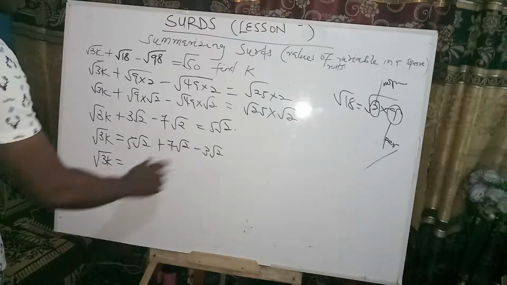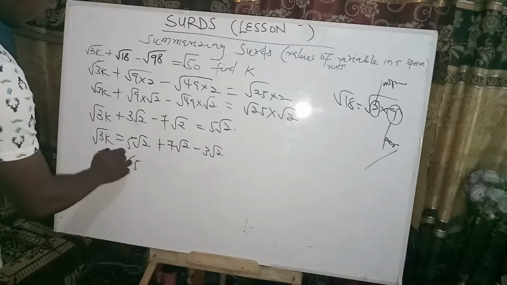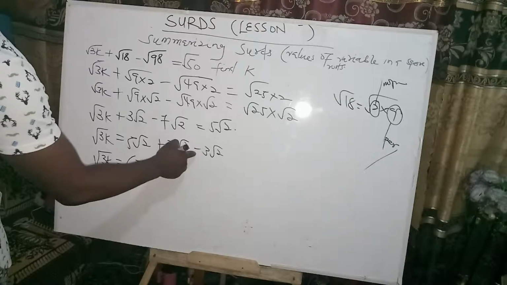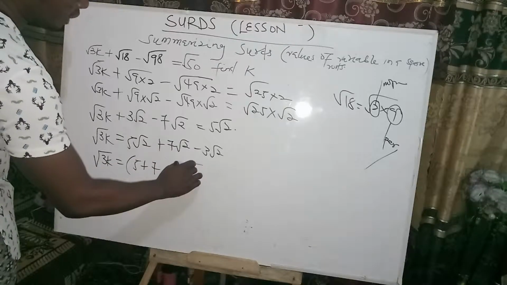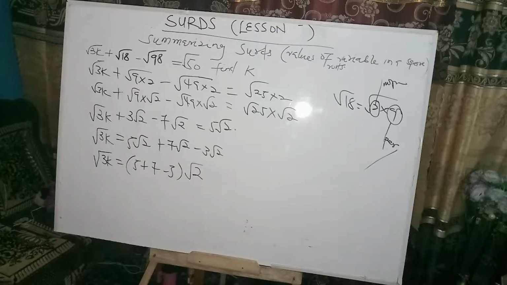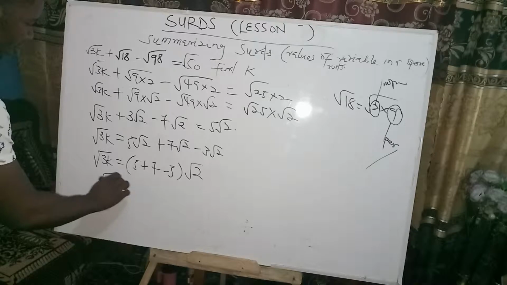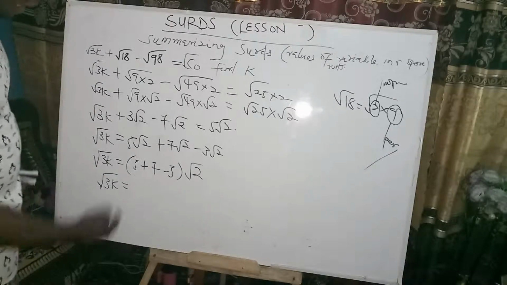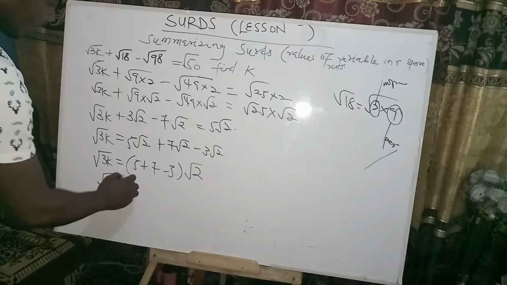Since they have the same root, I bring a bracket first: 5 plus 7 minus 3, with the same root, root 2. 5 plus 7 is 12, and 12 minus 3 is 9.